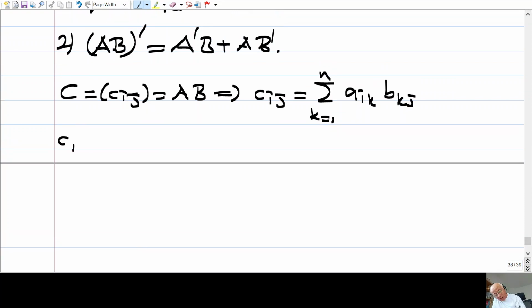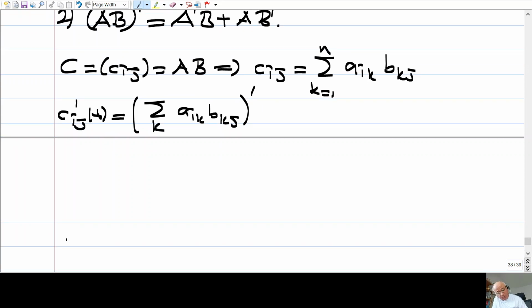So C_ij prime will be the derivative of this term, the summation over k of the derivative of each term.